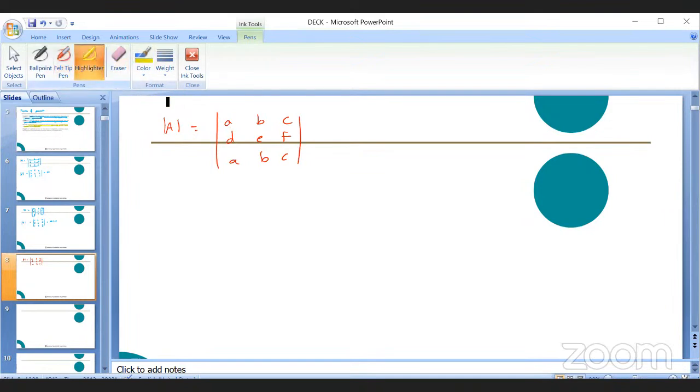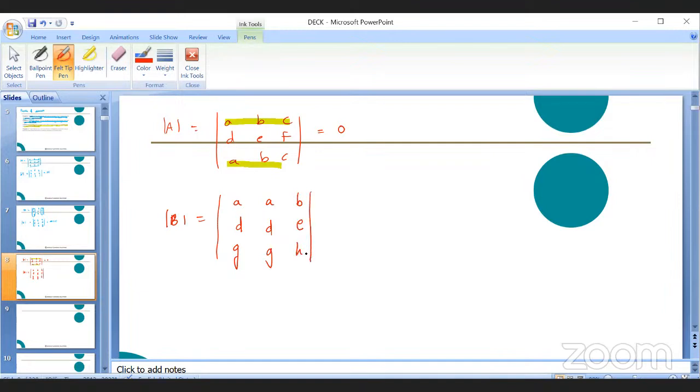You can see two rows are the same, identical. Then directly you can write that the determinant will be 0. Same way, if determinant of B is A, D, G, A, D, G, B, E, H, two columns are identical. Then also the value of the determinant will be 0.